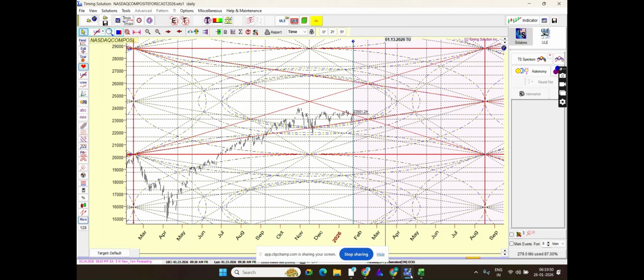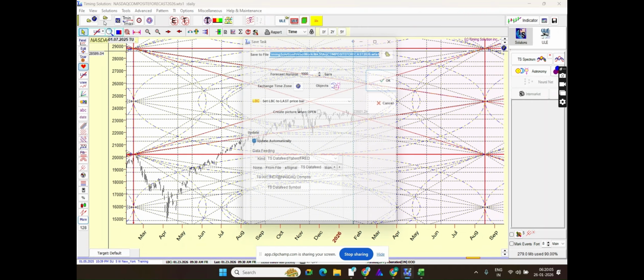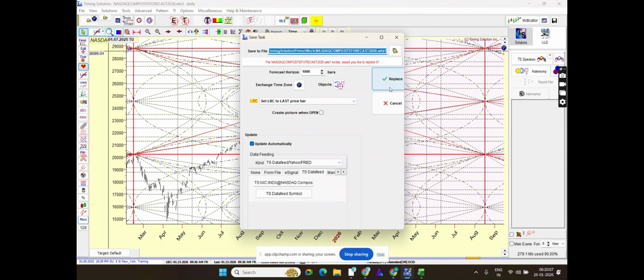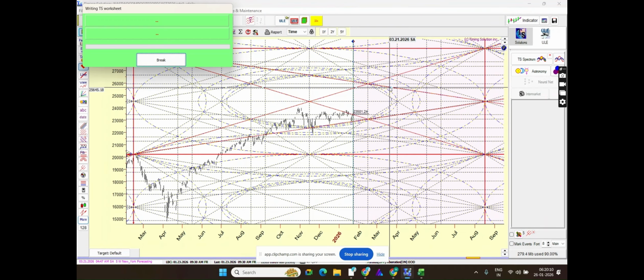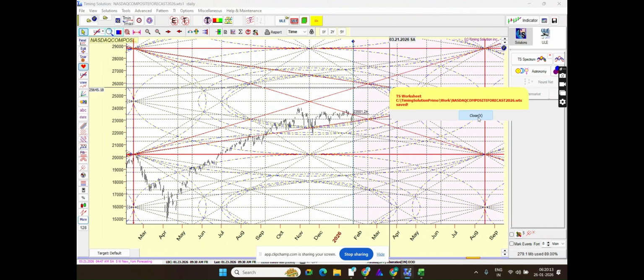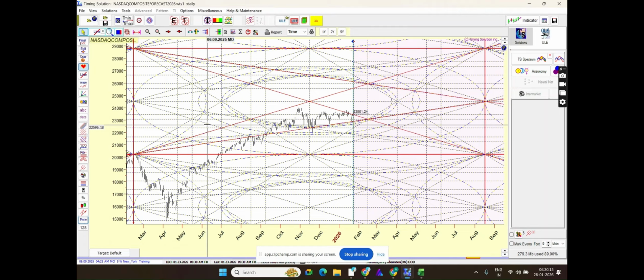I have tried to replicate it again, but there could be some minor changes, and these are the settings we will follow hereafter. I'm going to save this again here, and once this worksheet is saved, I will be using it for further updates.